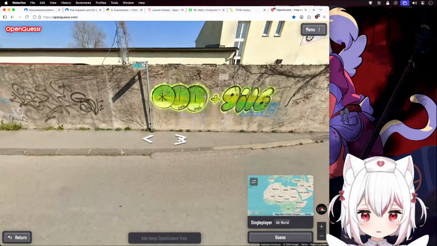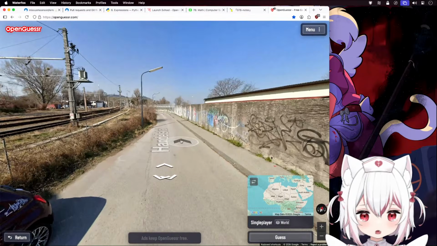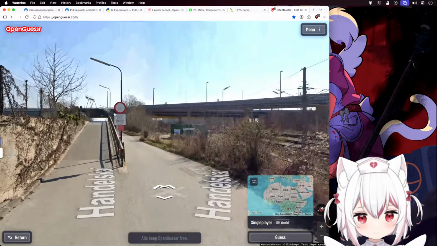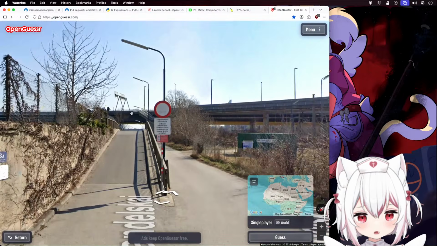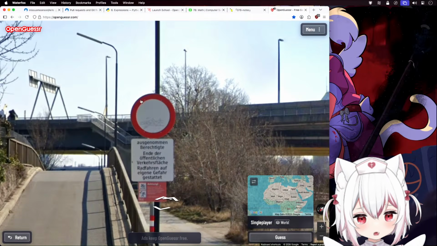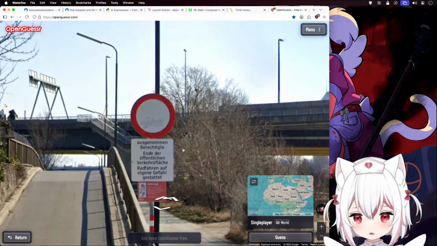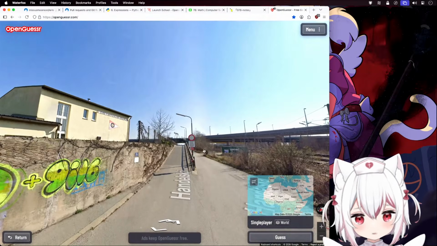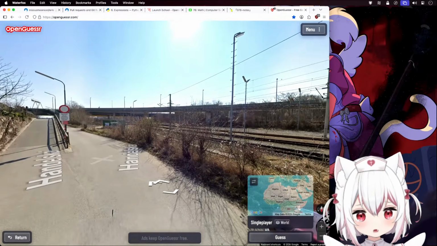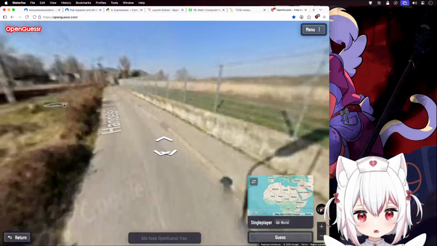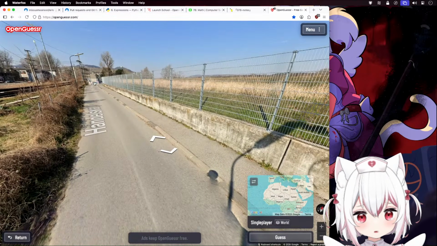I don't think Germany has graffiti. I feel like I'm supposed to recognize this circle though. So this is definitely some Scandinavian thing. Austria and Germany, perhaps. I just didn't think Germany had graffiti. You could be right though.